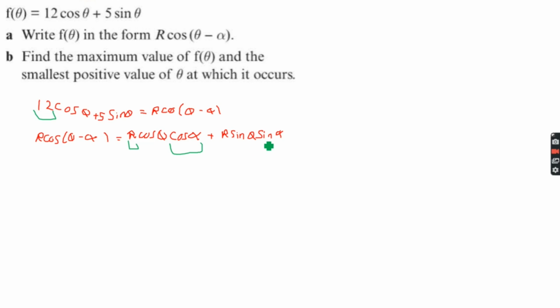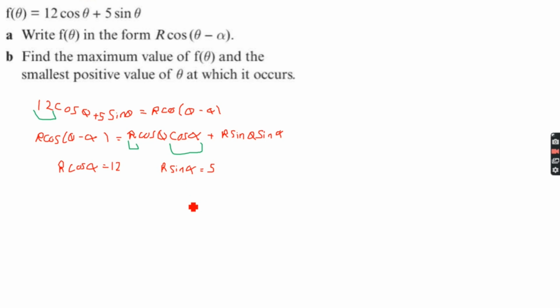Similarly, we've got a sin theta here and a sin theta here, but this 5 is not down here, and the r sin alpha is not up here, so they must equate each other. r sin alpha must equal 5 and r cos alpha must equal 12. So I'll go ahead and write that down: r cos alpha equals 12 and r sin alpha equals 5.